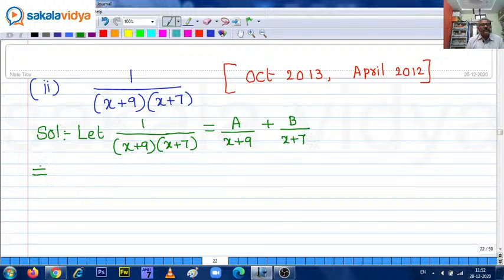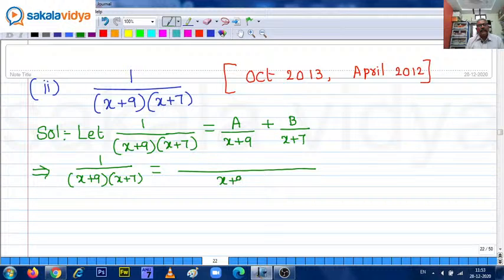Okay, now that implies we can write 1 upon (x plus 9) into (x plus 7) equal to, here LCM is x plus 9 multiplied by x plus 7. x plus 9 gets cancelled: a times (x plus 7) plus, x plus 7 gets cancelled, b times (x plus 9).